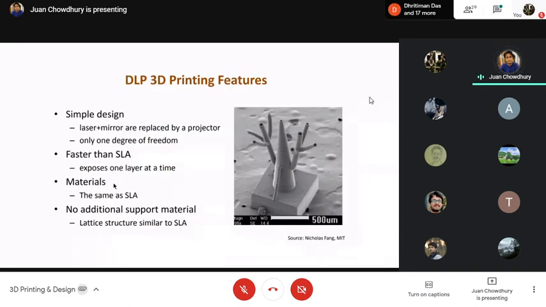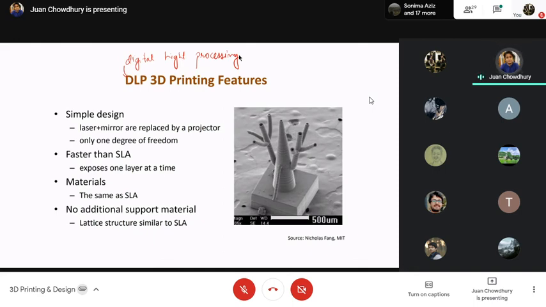All right, so that was about concrete-based 3D printing processes. We will move to DLP 3D printing features. DLP, digital light processing. By far, I believe this is the most advanced and promising form of 3D printing.